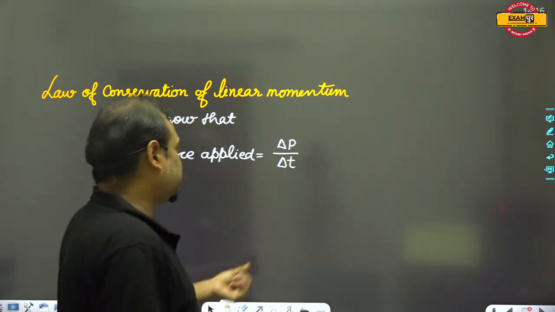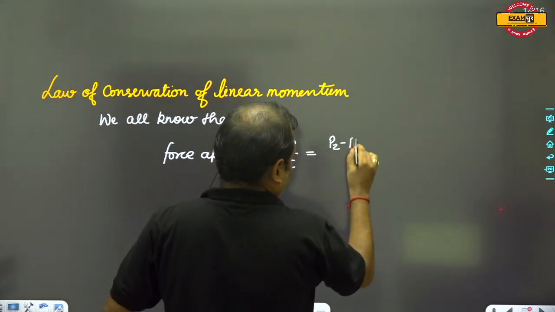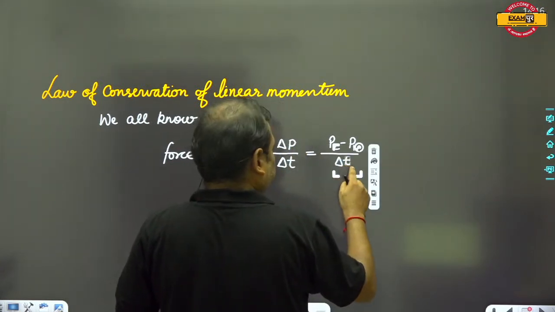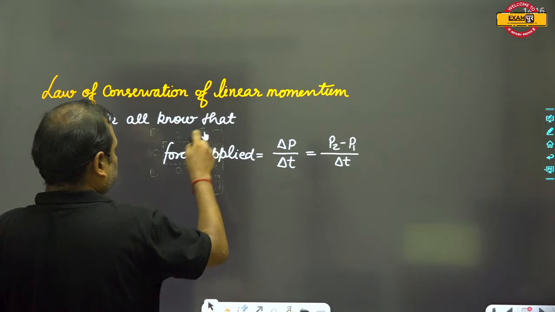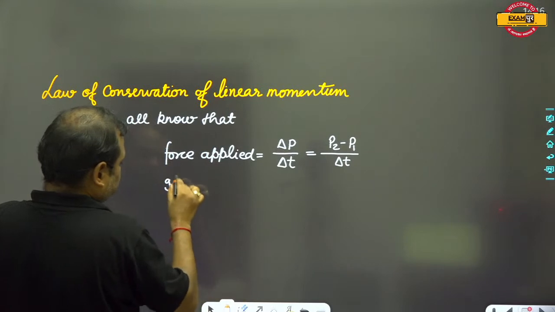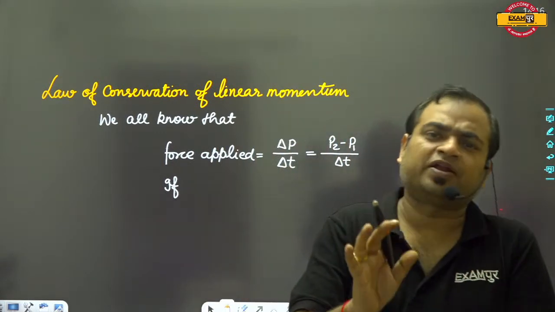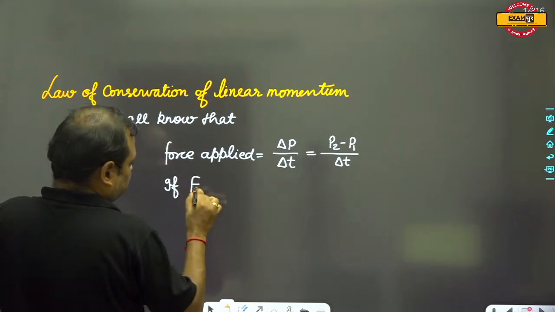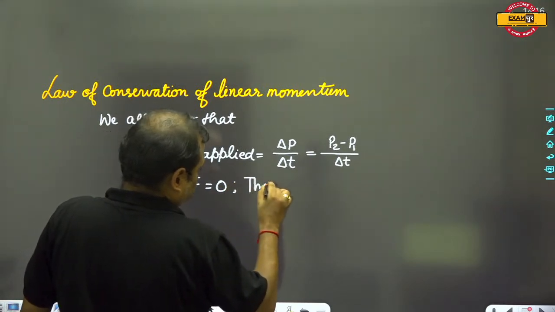It means here we can say F equals (p2 minus p1) upon delta t. Suppose we do not apply any force on the moving body, suppose the external force is equal to 0, then what will happen?